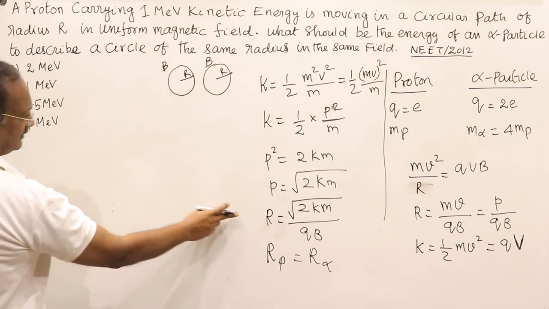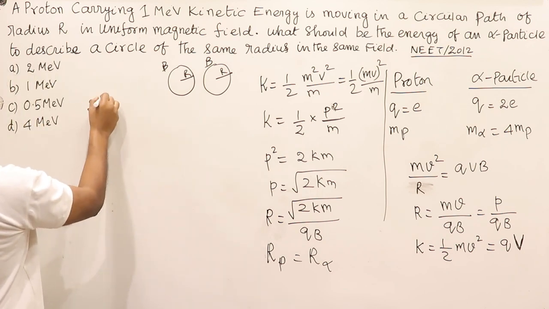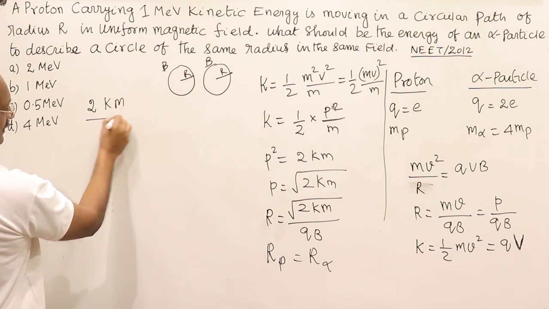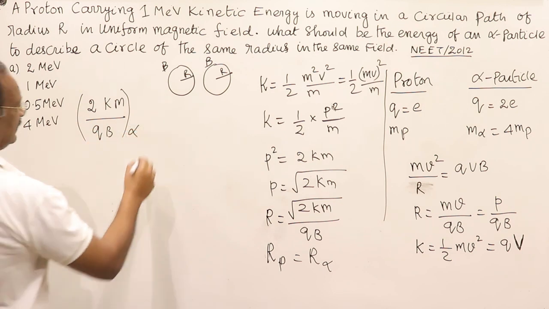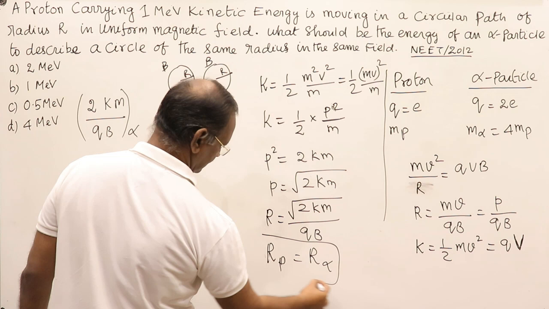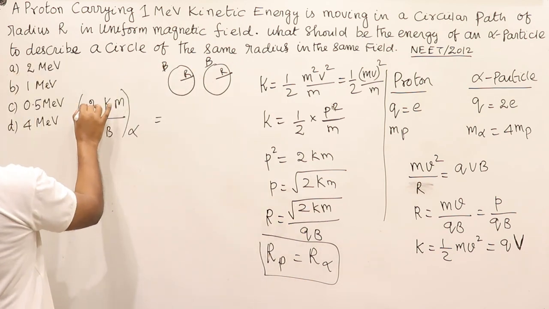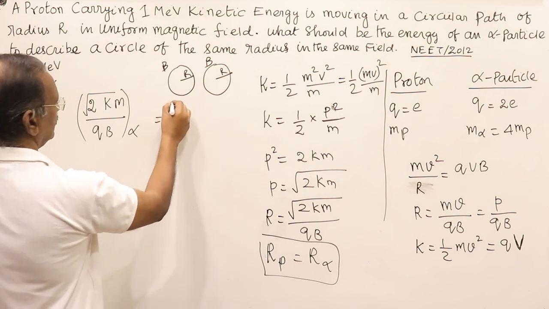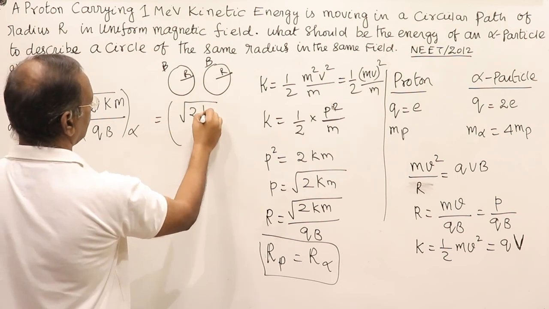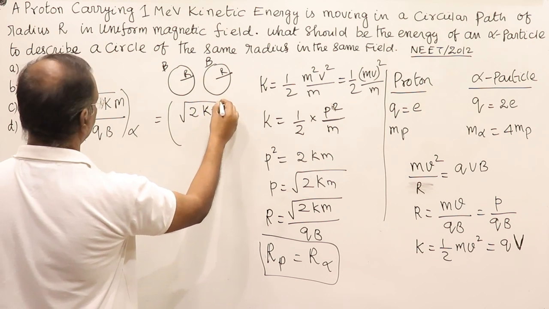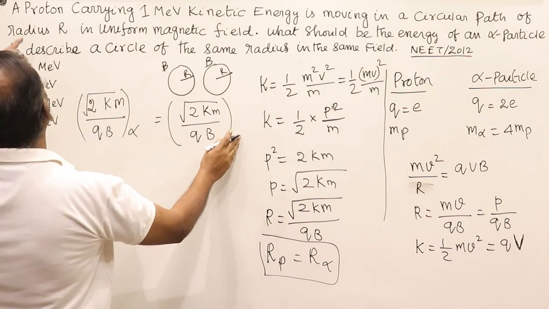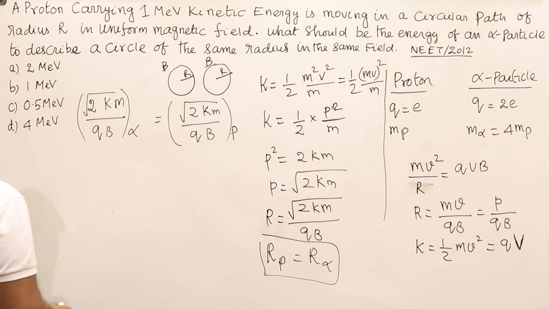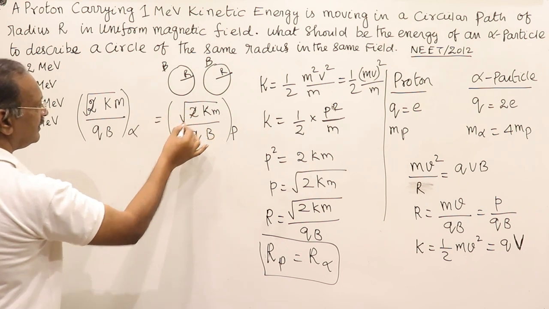So r of alpha is equal to under root 2 into kinetic energy into m divided by qB. First we will write for alpha, and the expression for proton is under root 2Km divided by qB. Since the masses are different and kinetic energies are different, root 2 can be cancelled.